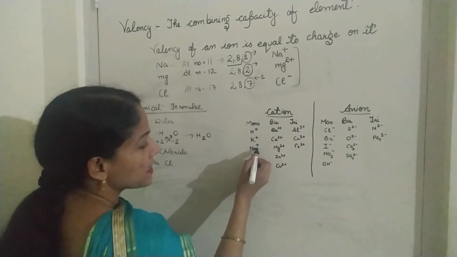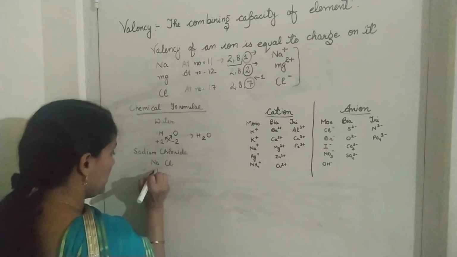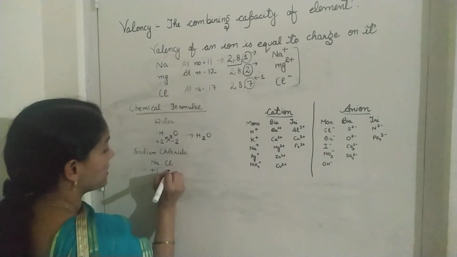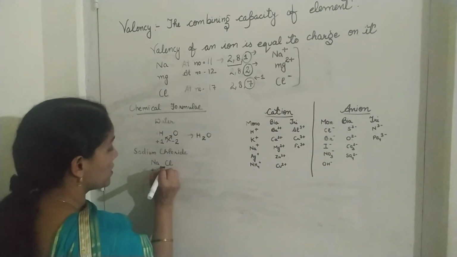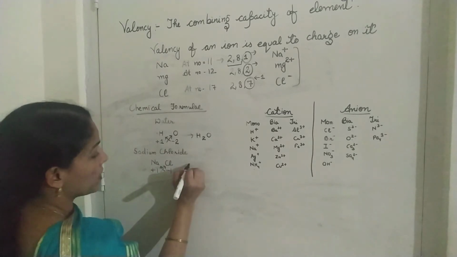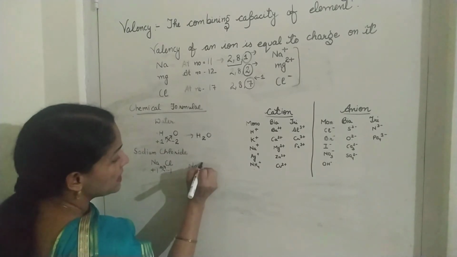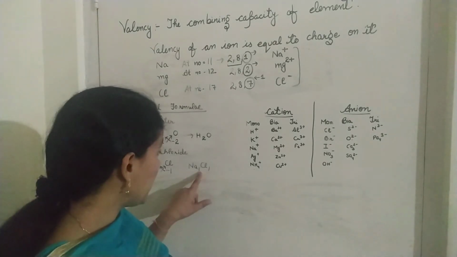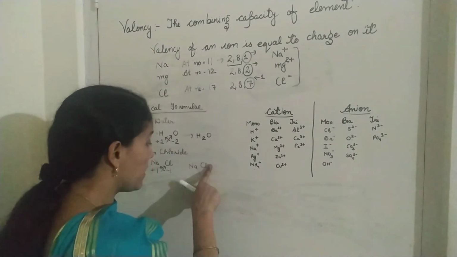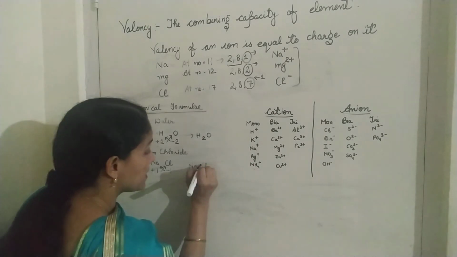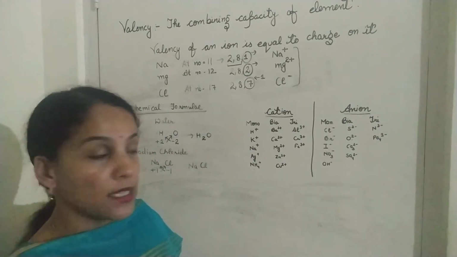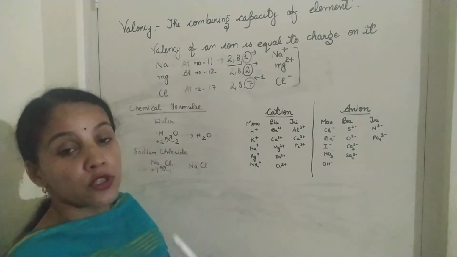For Na the charge is +1 and for chlorine the charge is -1. Now do crisscross. When you do crisscross, you get Na1 Cl1. Listen, when you get 1, no need to write this 1. Your chemical formula is just NaCl. This is the chemical formula of sodium chloride.